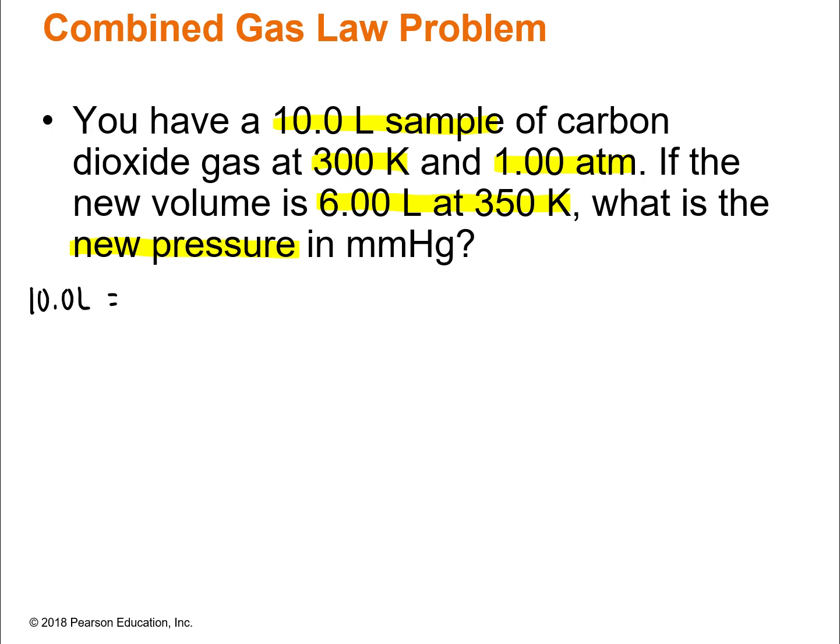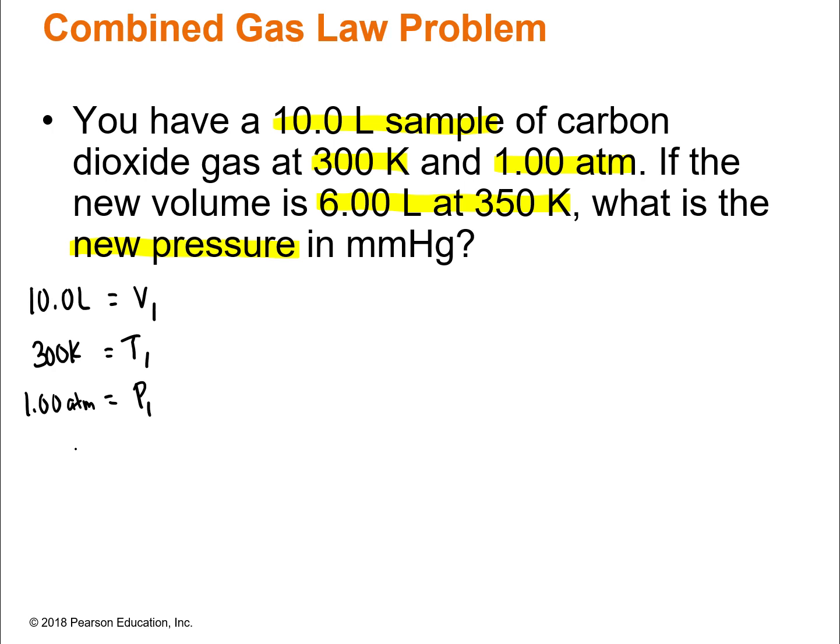The first sentence talks about the initial conditions of the gas. Liters, that's always a volume, so that's V1. Kelvin is a temperature, and that's T1. Atmospheres, that's a pressure, P1.